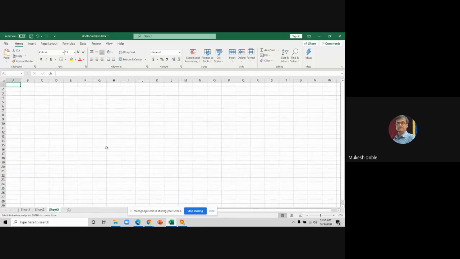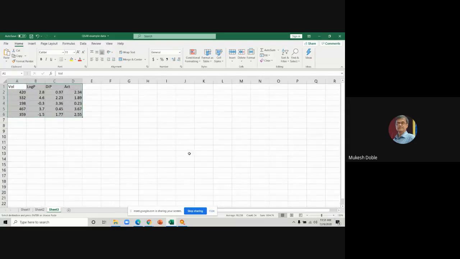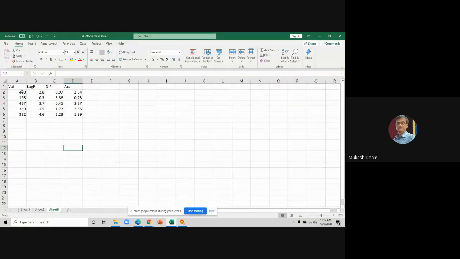Okay, remember, instead of neglecting the fifth point, I can think of neglecting some other point. So I can neglect the second point. So this is the second point. Okay, so I have neglected the second point.